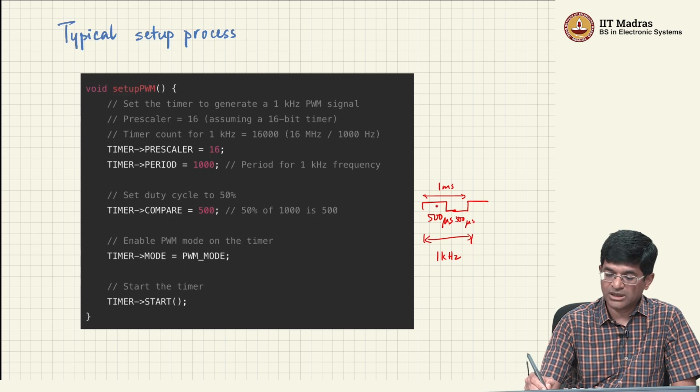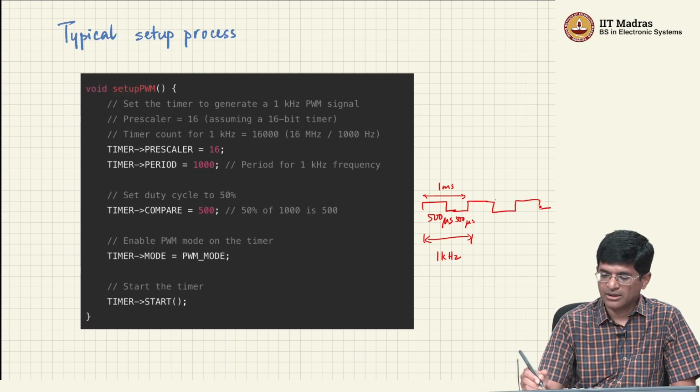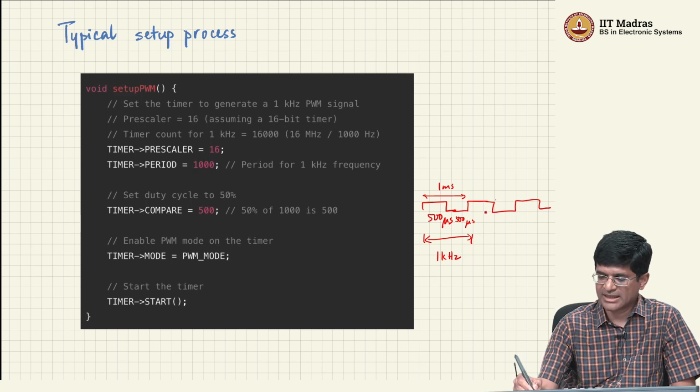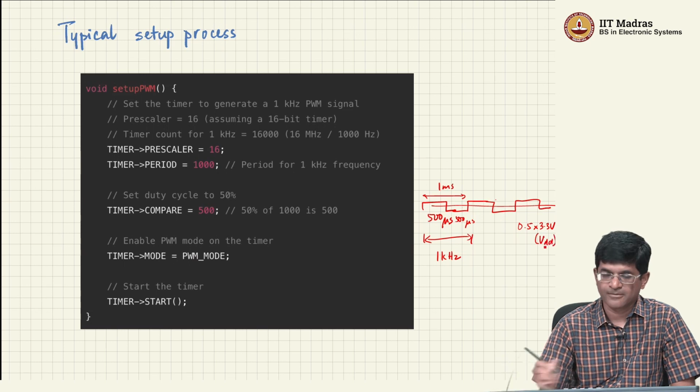Now at 1 kilohertz I am essentially sending out a square wave like this, which means that from the outside world, if something is not responding as fast as 1 kilohertz, what it will see is an average value, which just looks like 0.5 of whatever 3.3 volts or VDD.